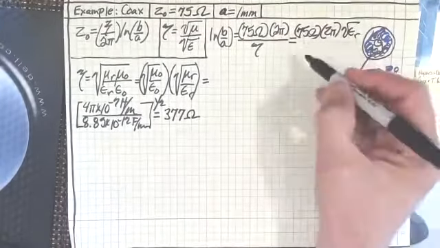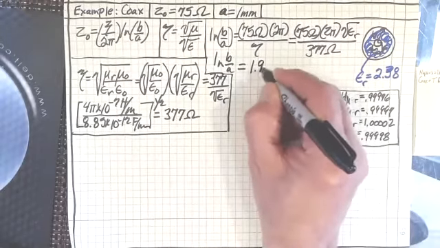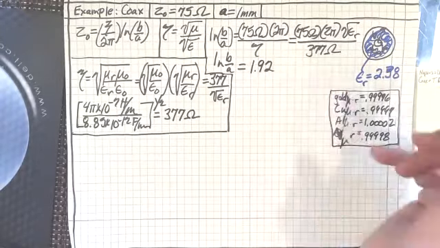Now I should probably cut that part of the problem off so that everybody can see what I've done there. And then we'll go along with natural log of a over b here. And if I throw all of that in there, I should get 1.92. Let's see if that is sort of right. Let's see, that'd be 6 times 75.